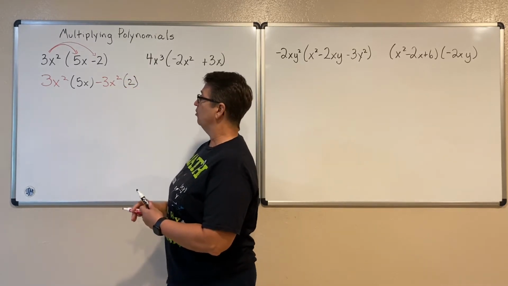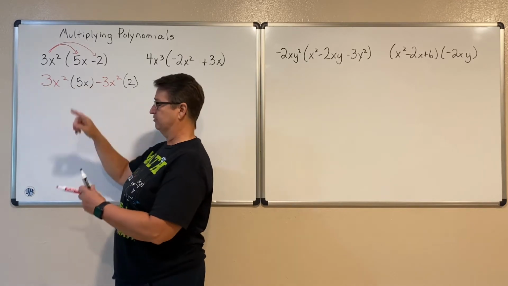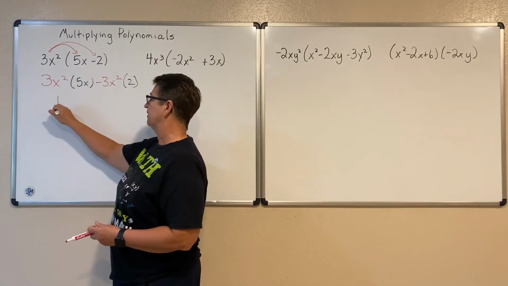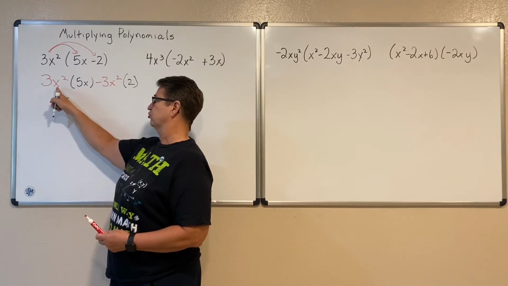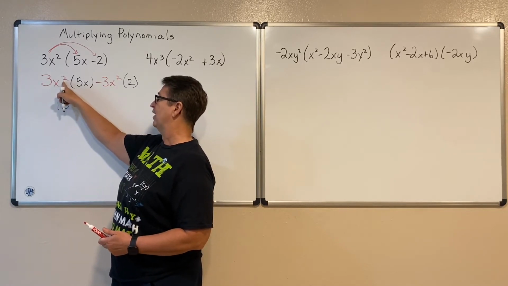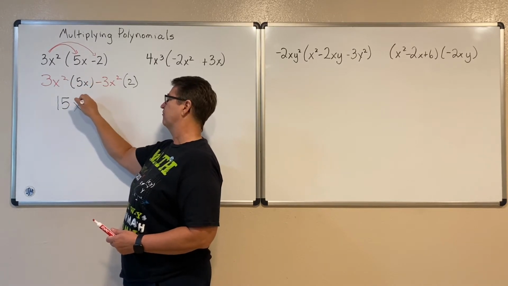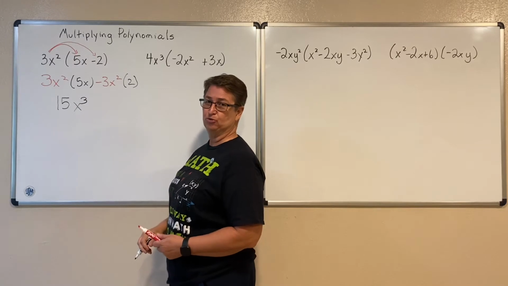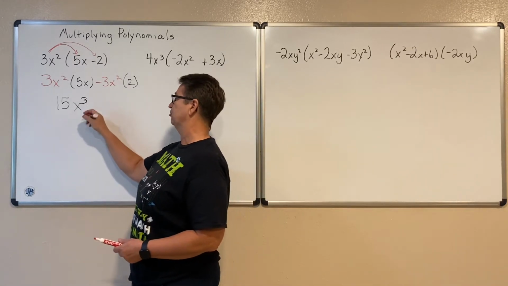Now, when we multiply these, we multiply the coefficients. 3 times 5 is 15. And then remember from the exponents, our product rule in exponents, we have 2 x's here plus another 1 there, makes a total of 3 x's, or x cubed. So x squared times x gives us x cubed.